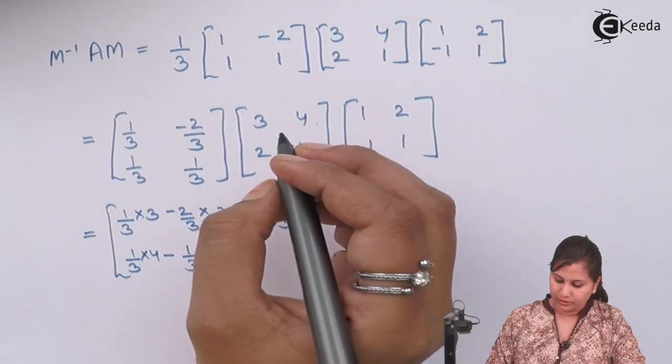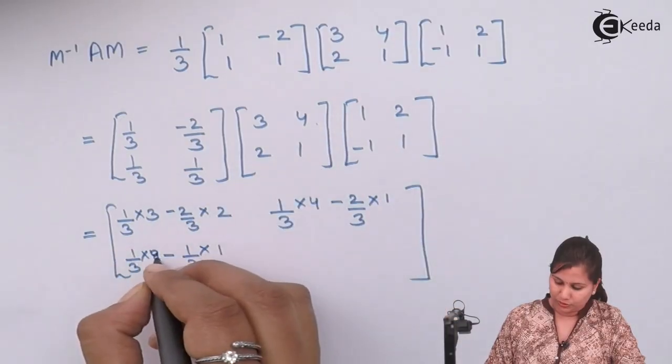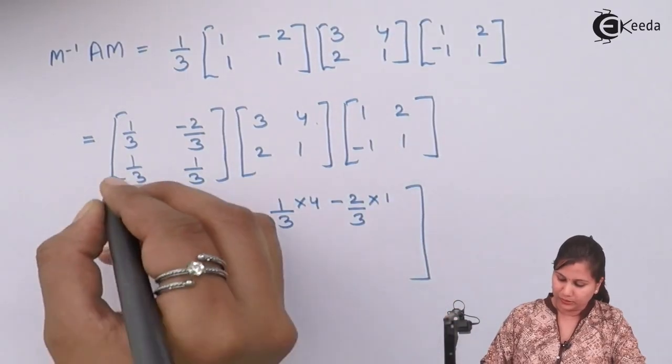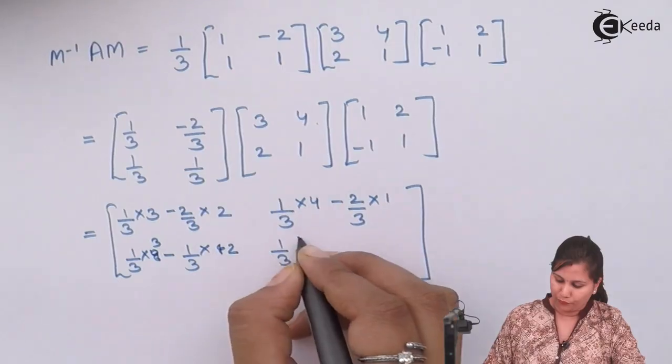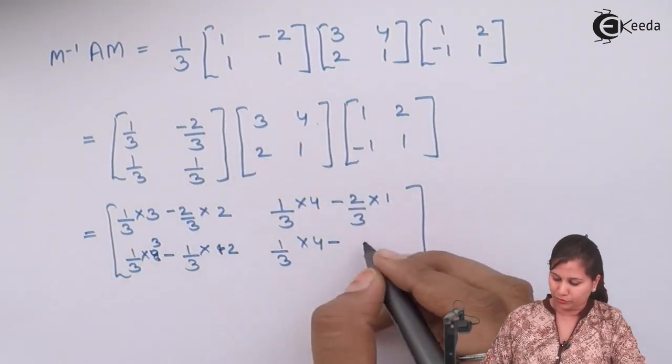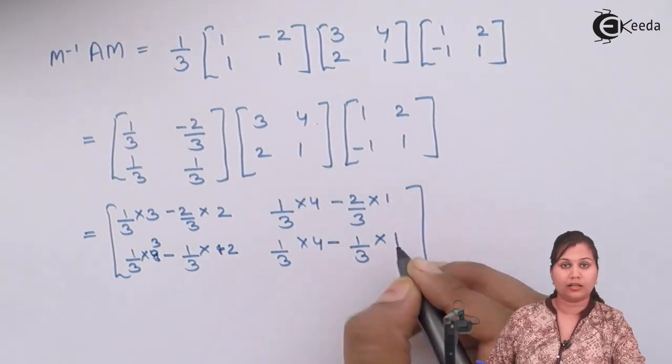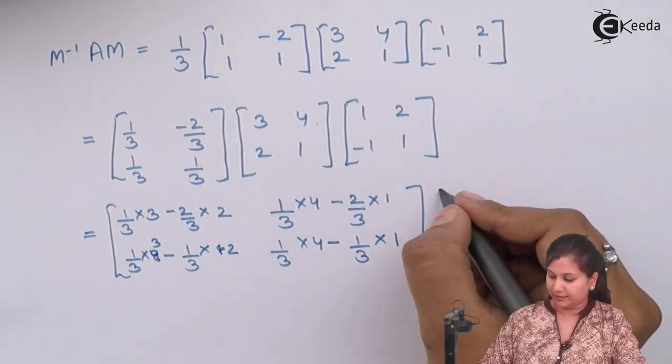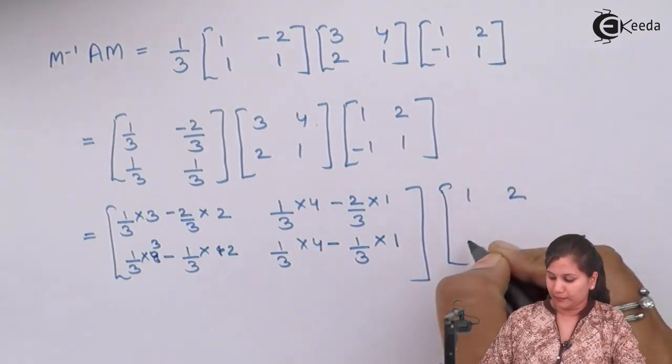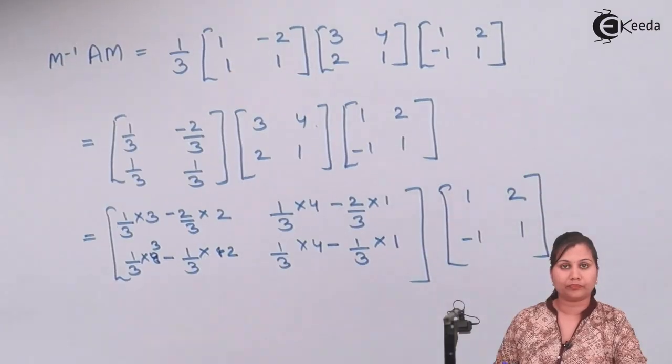Then 1 by 3 into 3 and here 2. This is 1 by 3 into 4 minus 1 by 3 into 1. And the rest of the matrix is the same: 1, 2, minus 1, 1.